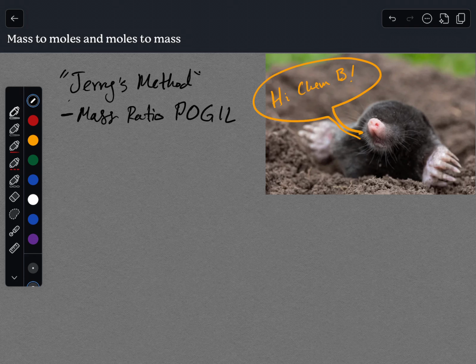So this is kind of a streamlined method for finding the amount of mass of some compound that could be created if you know the mass of either the product or reactant in that same equation.